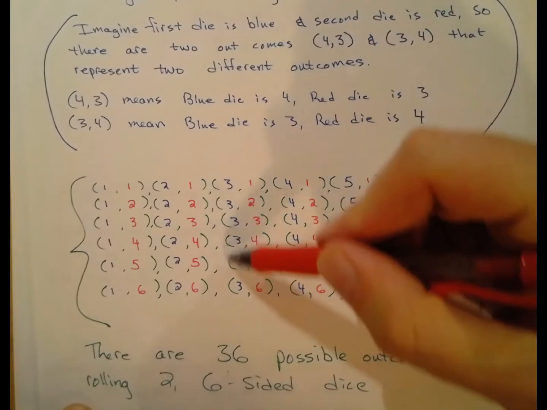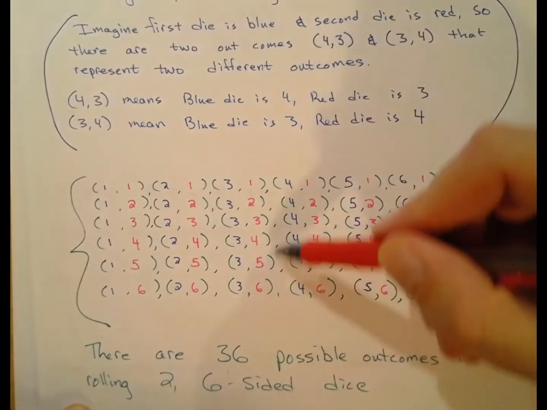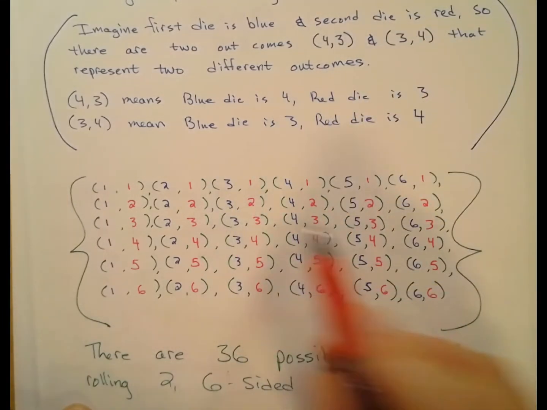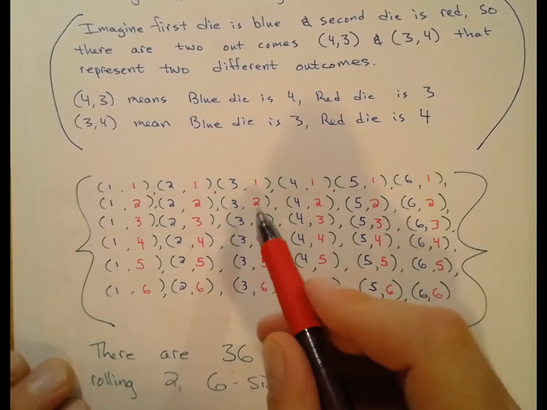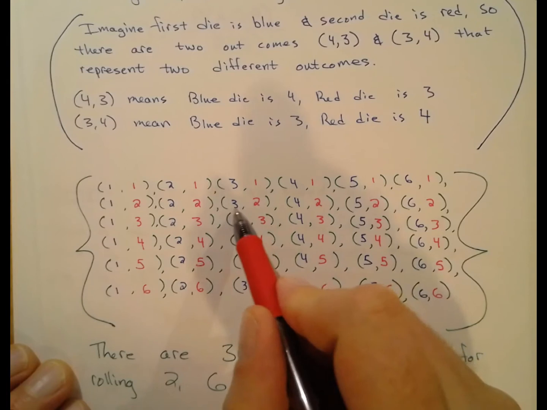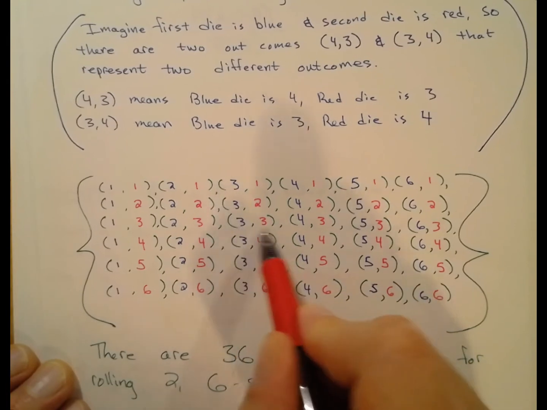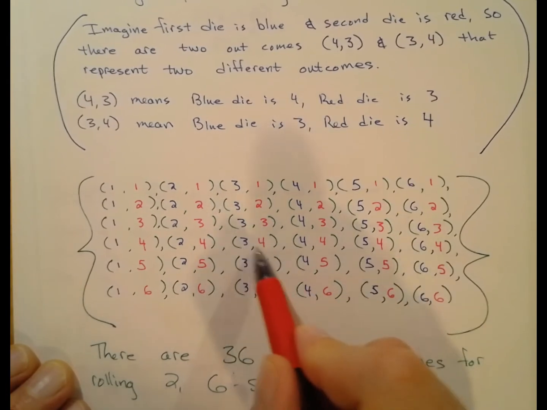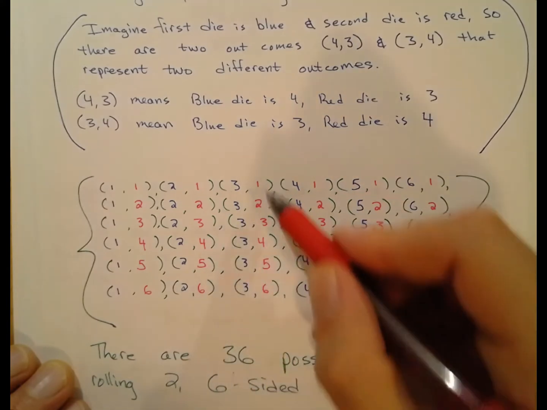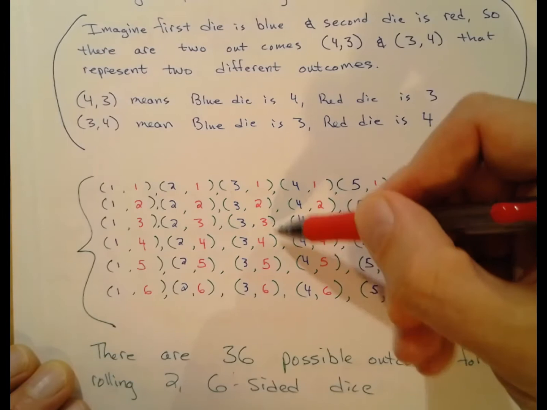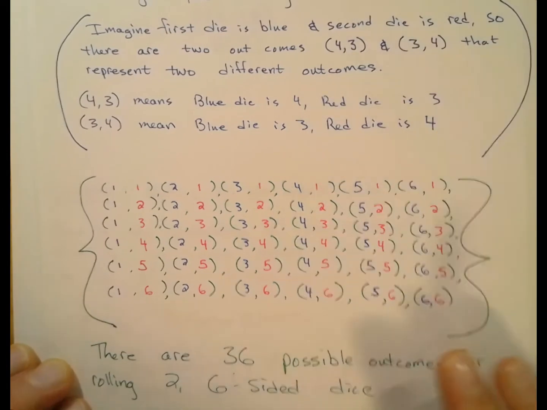We want the first die is 3 and the sum is even. So these two add up to 4, so that's even. These two add up to 5, so no. These two add up to 6, so yes. These two add up to 7, so no. These two add up to 8, so yes. These two add up to 9, so no. So 3 of these, this one, this one, and this one, the sum was even.